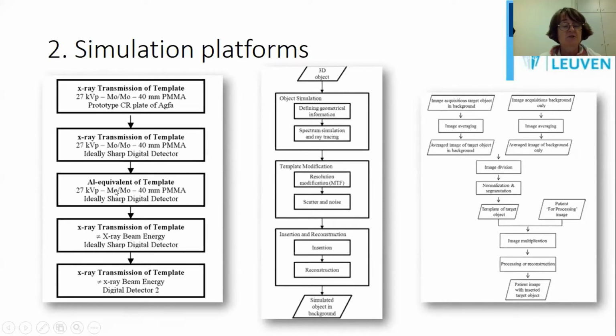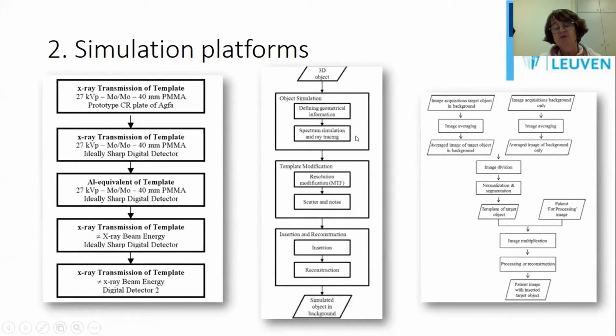Then we calculated what the contrast would be in terms of aluminum, and this amount of aluminum was expressed as the amount of aluminum for another beam quality. And then this was brought back into the original template. Then we had the template to be put in an image taken with the beam quality to which we had been working.